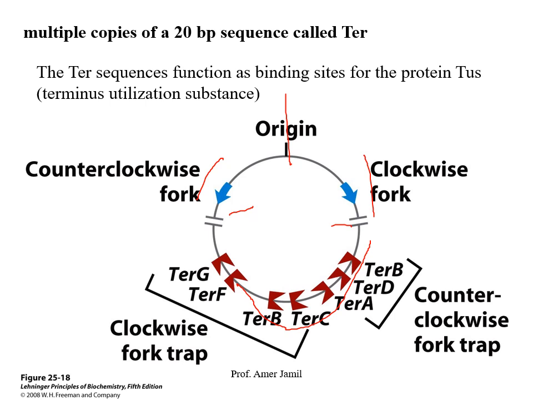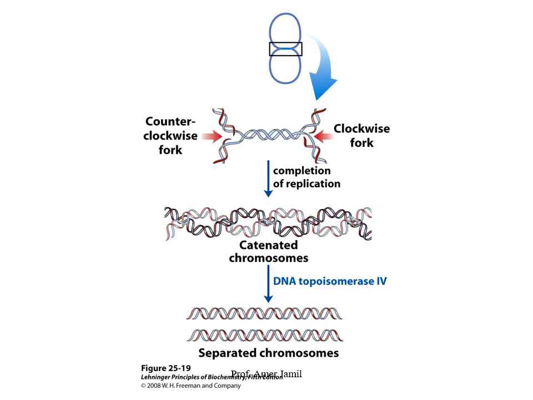As you can imagine, these are the speed breakers, so they slow down the DNA polymerases over there, and one of those is trapped inside these sequences, and the other one finally reaches the sequences and is halted. And then what happens is that both of these sequences are present at this place, at this junction.